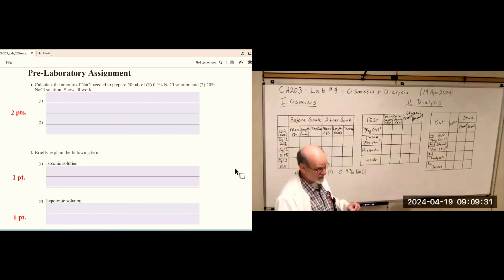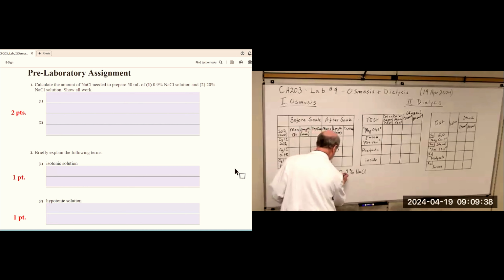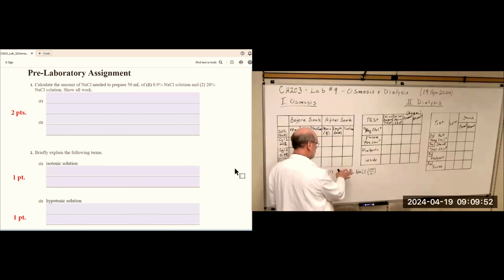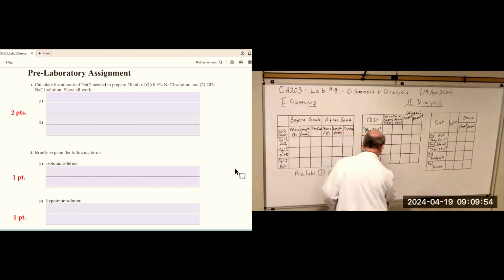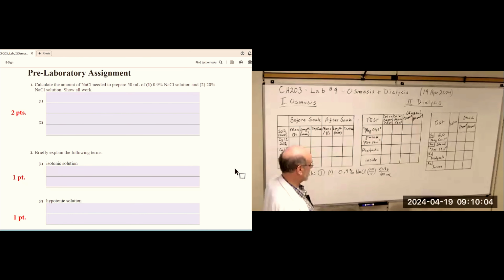Remember, percent is a dimensionless number. Unless you know what it's telling you, it's parts per 100. In this application, it's mass per volume. So it'll be 0.9% sodium chloride, or 0.9 grams per 100 milliliters. That's what that means.